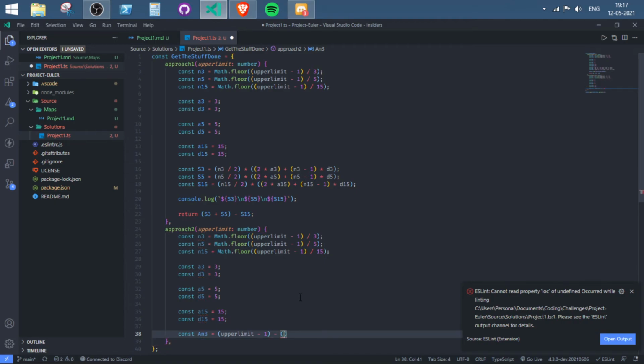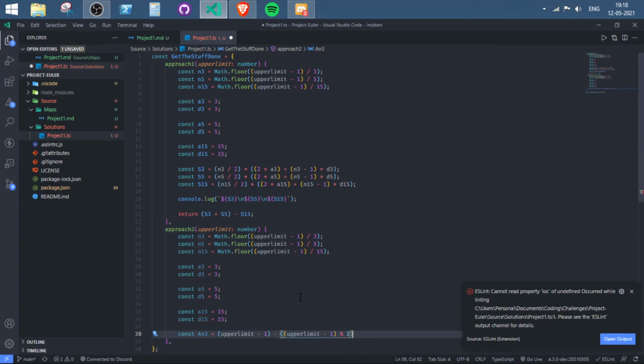So let's see, like, let's have 1,000, and we have 3. So 1,000 modulo 3 is gonna give us 1, and if we subtract 1, it gives us the value which we want. Because that is divisible by 3, and that is gonna be the last term, which is really divisible by 3.